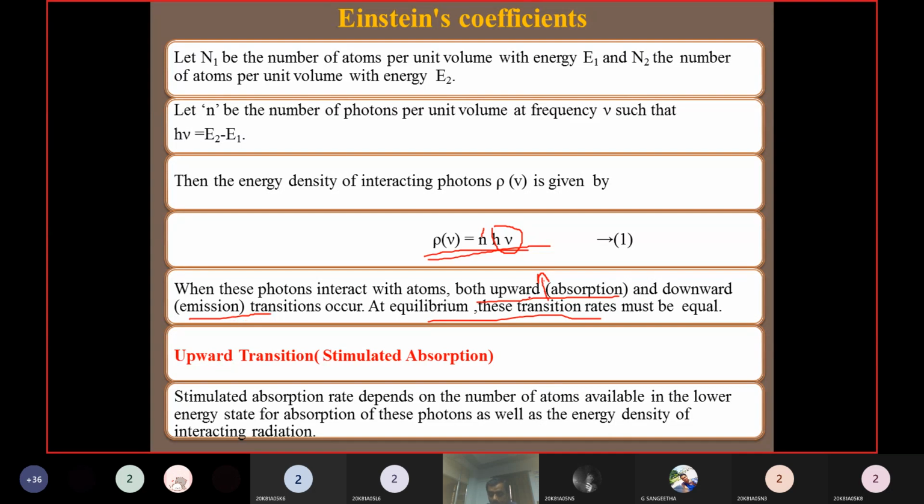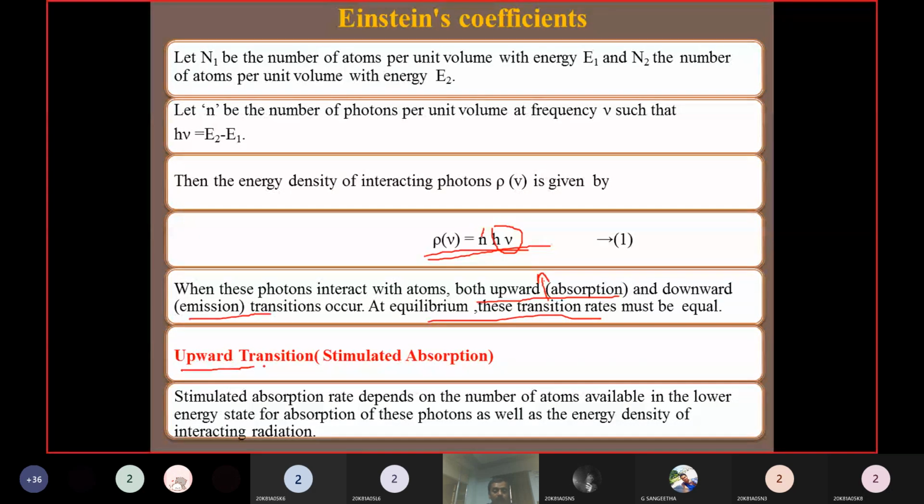Similarly, when the radiation interacts with the second energy level, the downward transition takes place, that is the emission process. I will explain how it occurs. At equilibrium, these transition rates are equal.